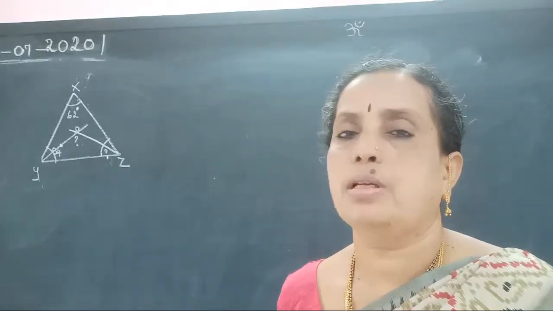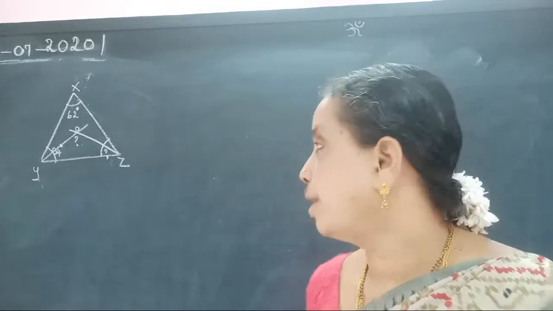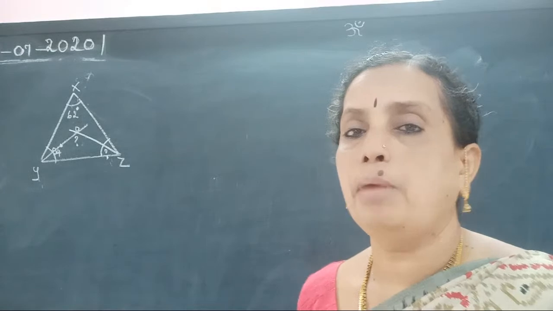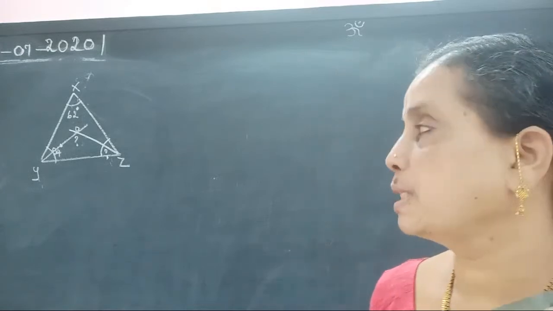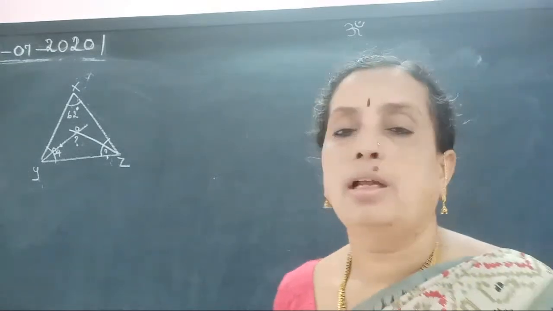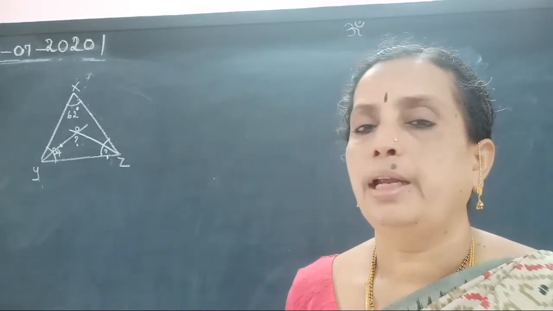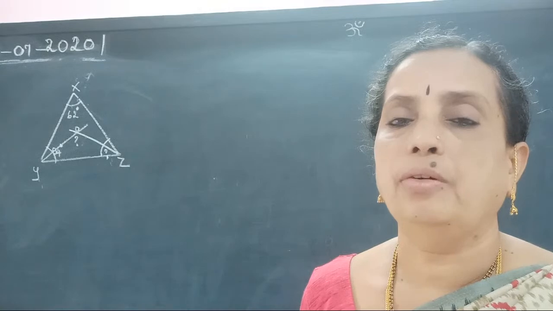Just how much? What is the measure of angle Z? 180 degree minus 62 plus 54 degree. That is 116. Yes, Yashas, you are right. It is 64 degree. Okay.